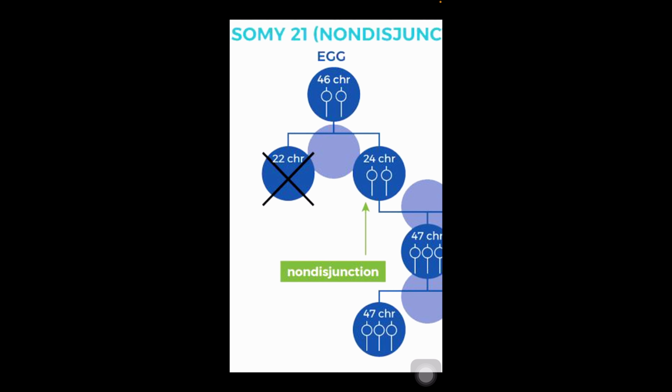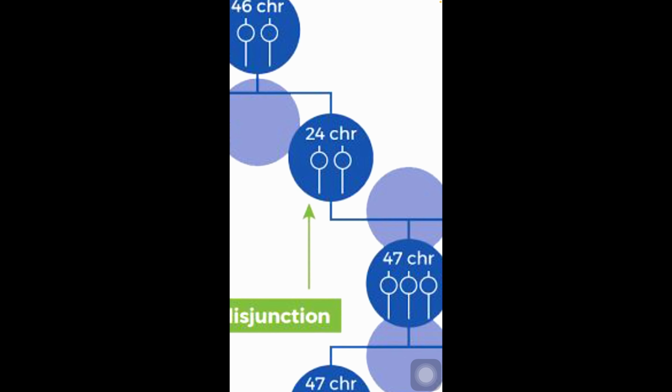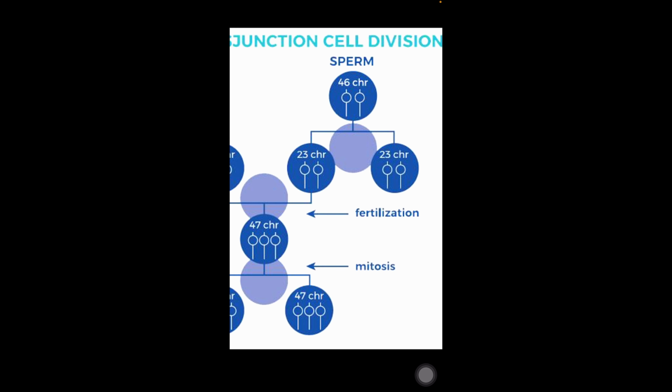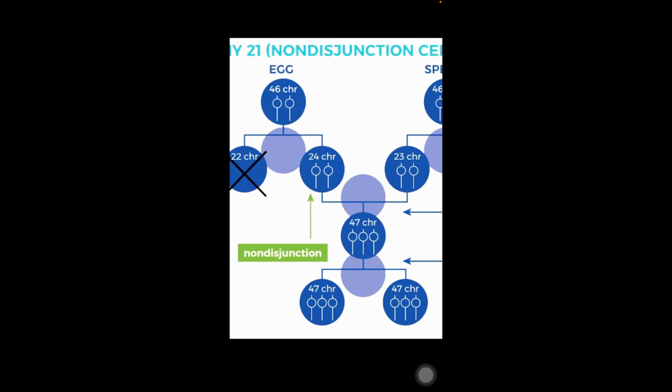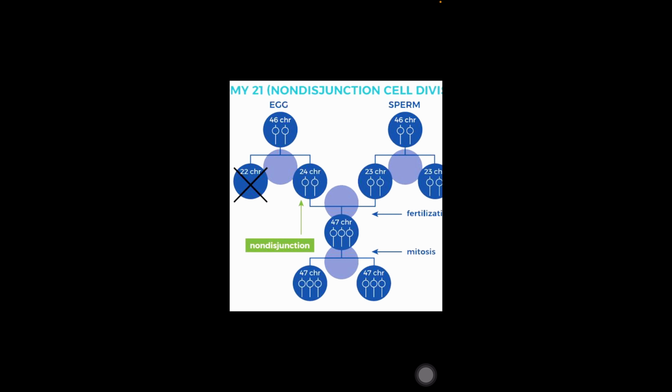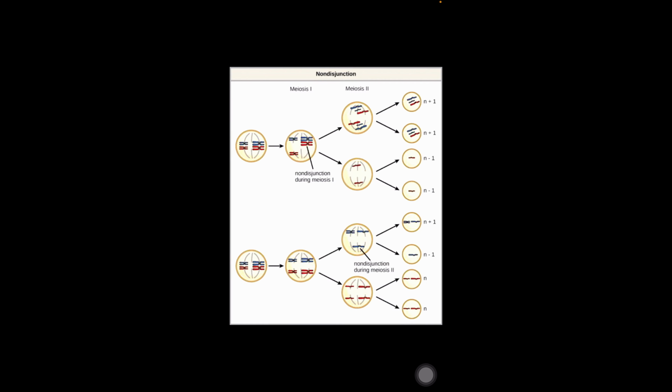Now, the 23 is empty, so here becomes 24. But if you look at the sperm, it's split into 23, 23. So there's a non-disjunction here in meiosis 1. Okay, so now it becomes 47 chromosomes, non-disjunction, and now 47, 47 instead of the 46. That is a trisomy. So this is trisomy 21.